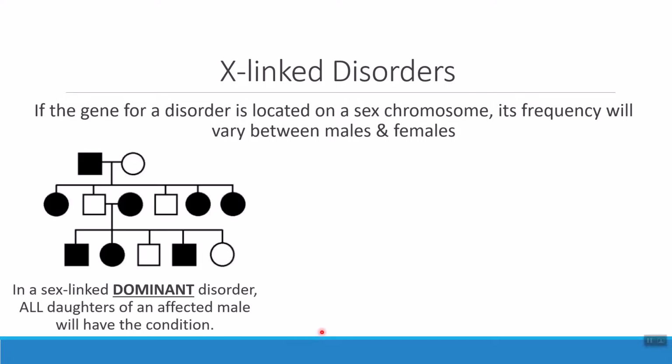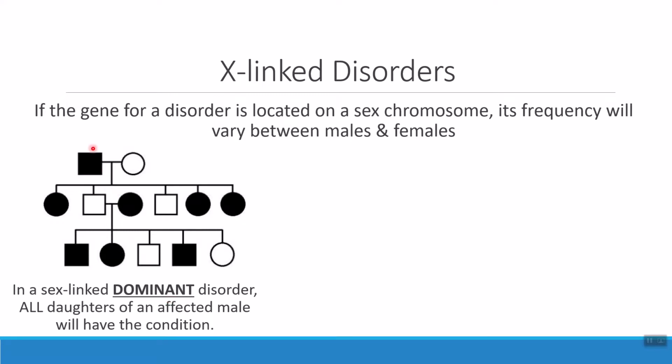When we look at what we call a sex-linked or X-linked dominant disorder, you will notice that males and females are both regularly affected by this disorder. In a dominant disorder, remember that you only need one copy of the disease allele to express the phenotype.